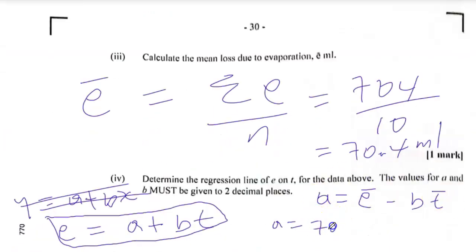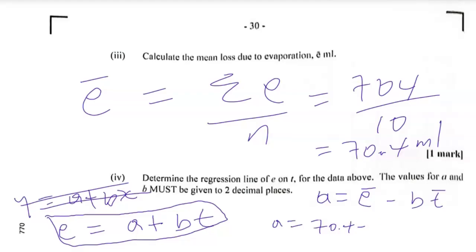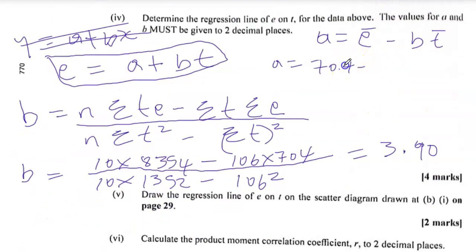So 70.4 minus B, our B value was 3.9, so 3.90 times T bar. T bar was the sum of T divided by N, which we found already was 10.6. So therefore A, calculate this, A would be 29.06.